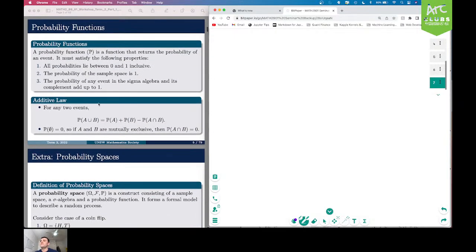And for any two events, we have this rule over here. The probability of A union B is the probability of A plus the probability of B minus the intersection. The idea here is that if we have two sets A and B, we consider all of A, so we've shaded in this middle part once. We consider B, so now we've shaded in this middle part twice.